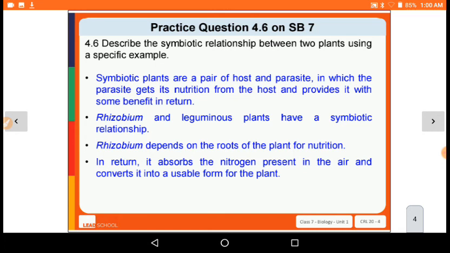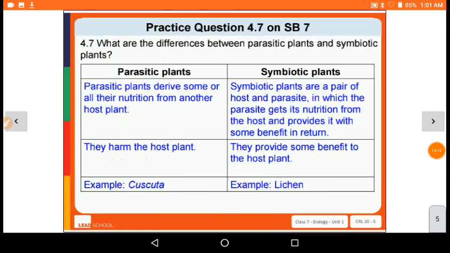For example, rhizobium and leguminous plant are in a symbiotic relationship because rhizobium depends on the roots for nutrition, and in return it absorbs nitrogen and converts it into usable form for the plant.